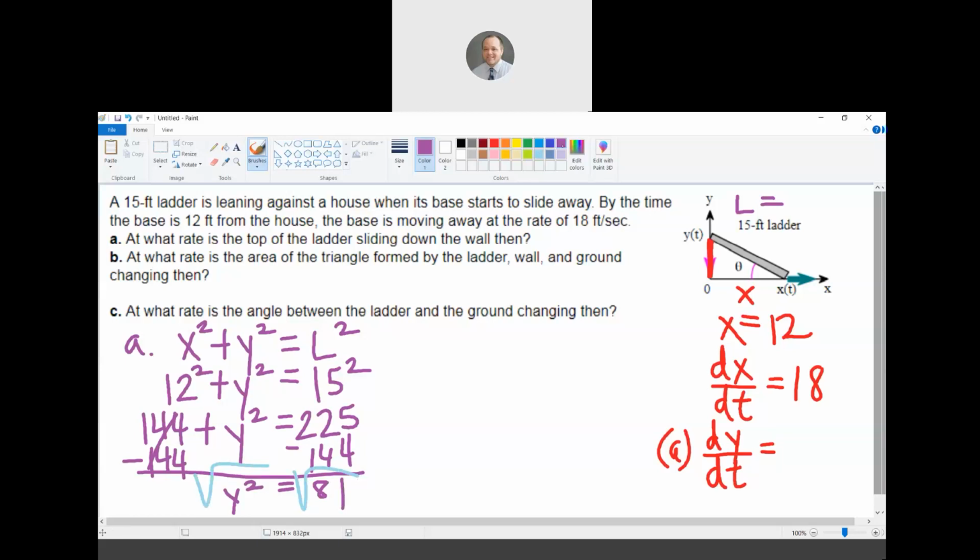In this case, a +9 and a -9. But since the height of the wall can't be negative, we only say that the wall is 9 feet tall.